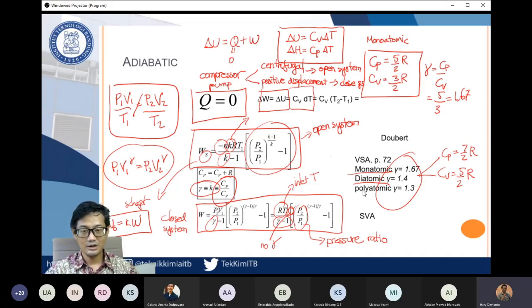So please remember how isothermal, isobaric, isometric, and also adiabatic processes work, including all the calculations.